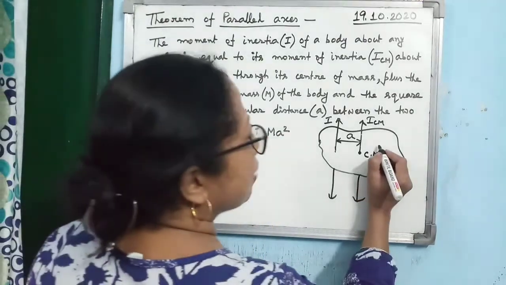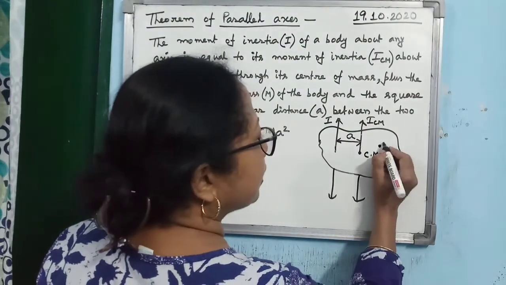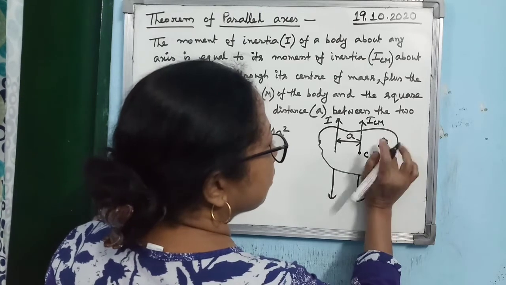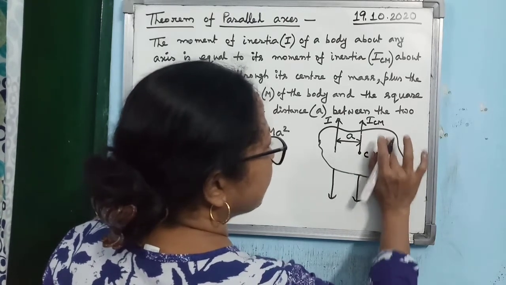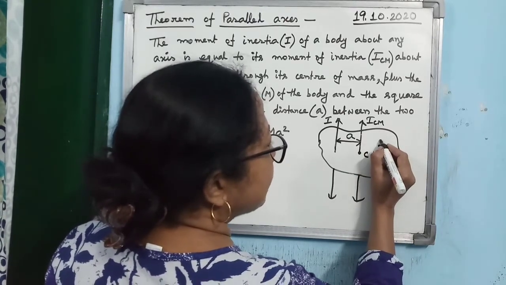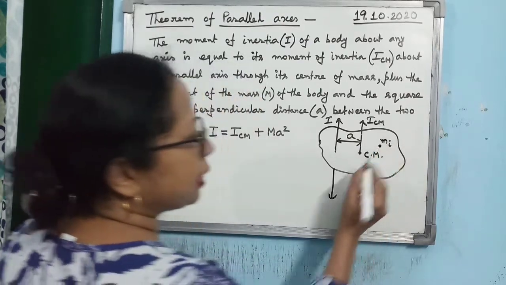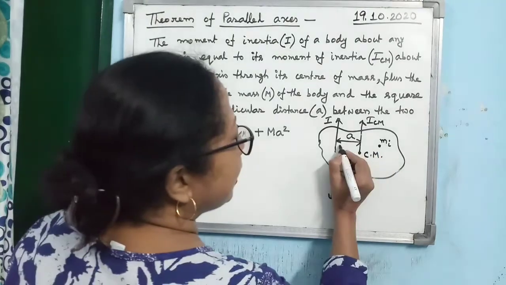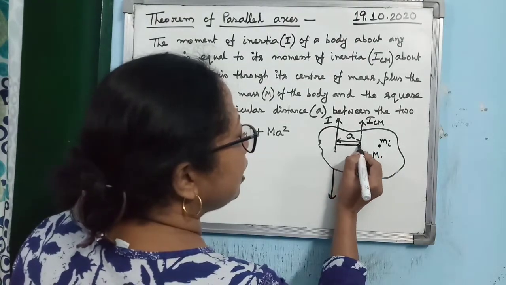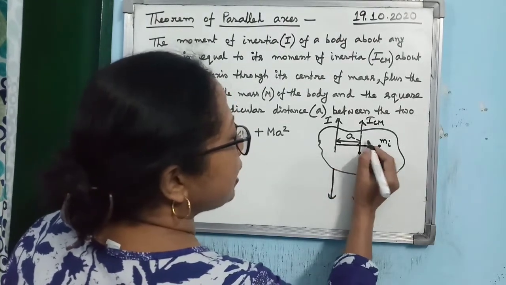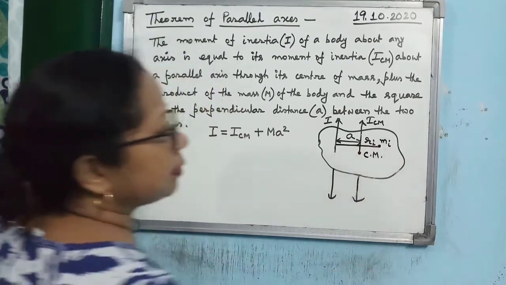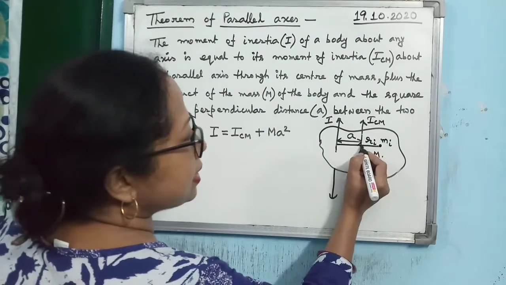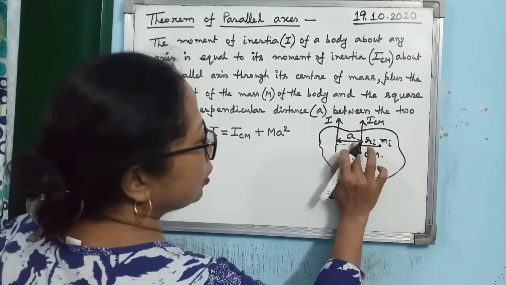So, for that, suppose I have taken one particle. Suppose this is the ith particle, and let us consider the mass of the particle to be mi. Is that clear? And the distance of the particle from the axis through the center of mass is ri. You don't have to draw this.